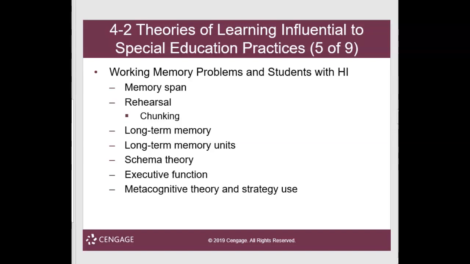Schema theory is a packet of knowledge about a particular concept that is stored in your long-term memory. So especially maybe a math schema or something like that. Executive function, this is an overarching supervisory mechanism that controls many different cognitive processes. In regard to metacognition, or kind of thinking about your thinking, it refers specifically to the coordination of procedural, declarative, and conditional knowledge, sometimes also referred to as executive control.